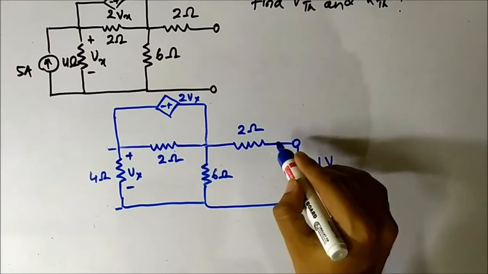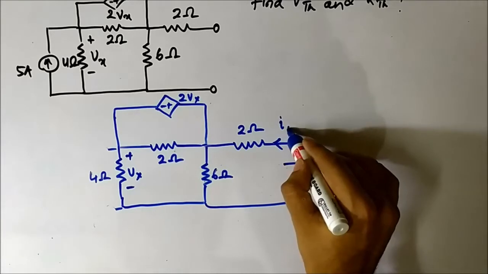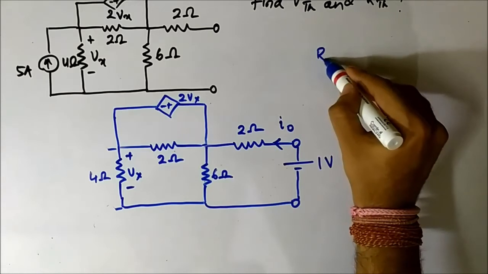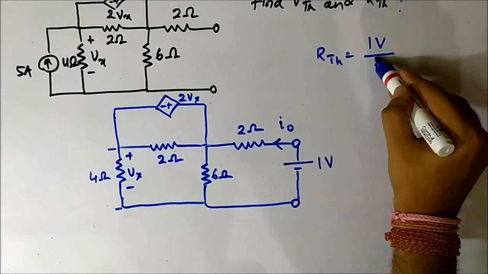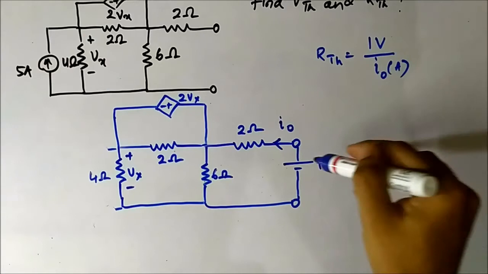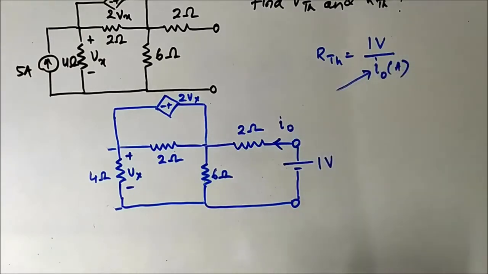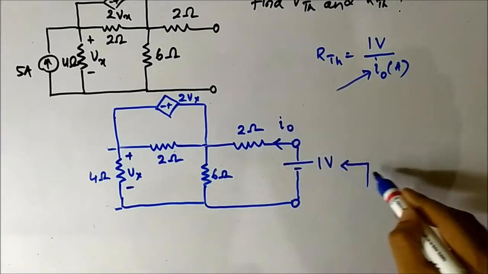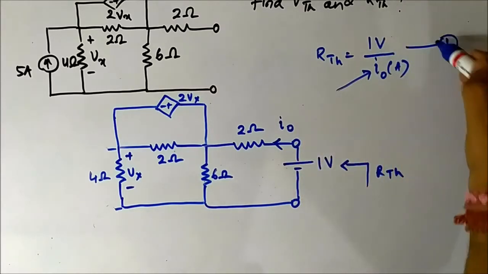Let the current supplied by this 1 volt voltage source be I0. Thevenin resistance is simply 1 volt by I0 ampere, no matter in which units, 1 by I0. So here the main task is to find this I0. We have to find I0, then we can calculate this RTH, 1 volt by I0, equation number 1.